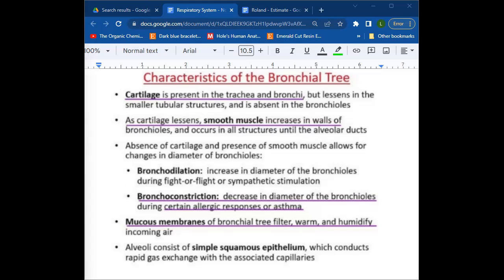And the smooth muscle, as I mentioned, is supposed to help with bronchodilation and then bronchoconstriction.